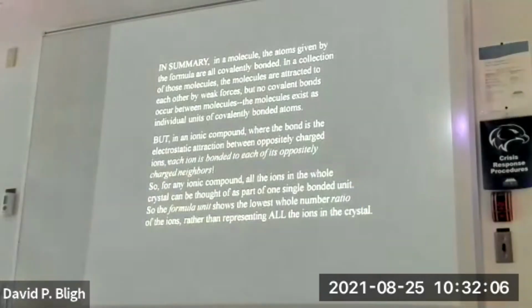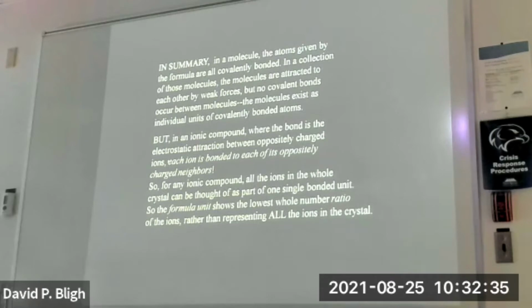In summary, in a molecule, the atoms given by the formula are covalently bonded. In a collection of those molecules, they are attracted to each other by weak forces, but no covalent bonds occur between the molecules. The molecules exist as individual units of covalently bonded atoms. But in an ionic compound, where the bond is the electrostatic attraction between oppositely charged ions, each ion is bonded to each of its oppositely charged neighbors.